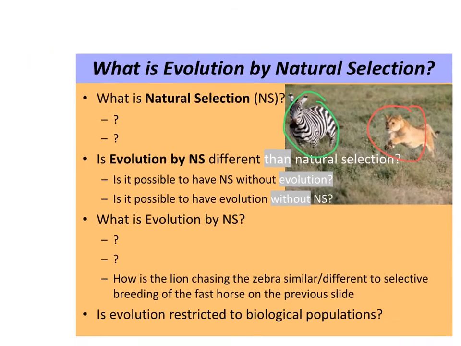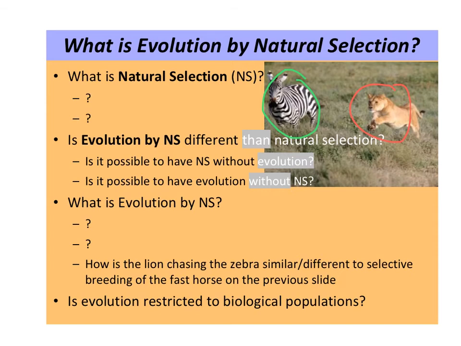Okay. Now, so natural selection is some force that affects whether an organism survives or reproduces. Okay? Now, evolution by natural selection is different.